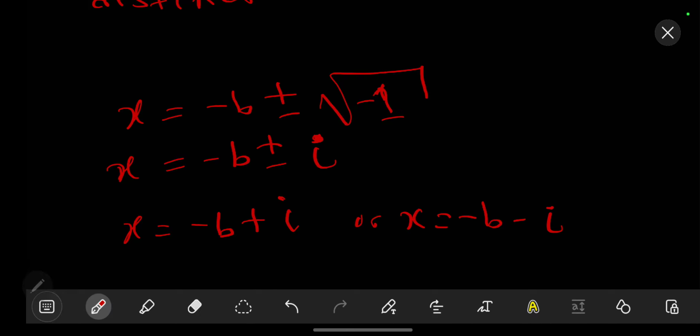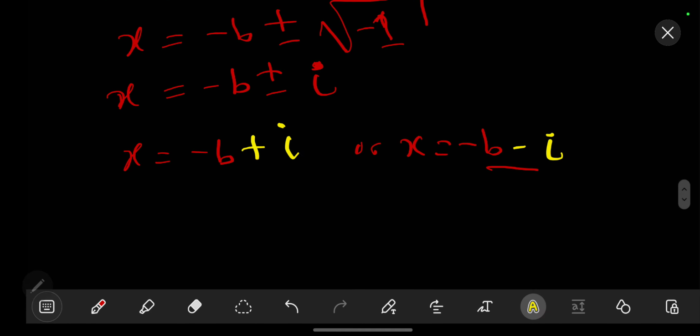Now, with that said, as you can see, this is negative b plus i, this is negative b minus i. Both of these values are conjugates of each other, because one is adding, one is subtracting.